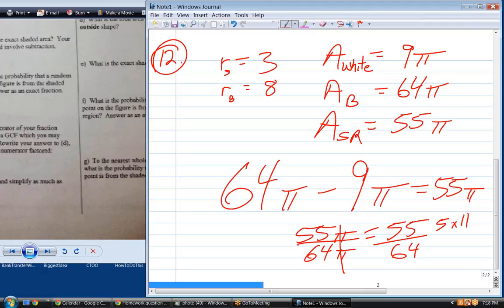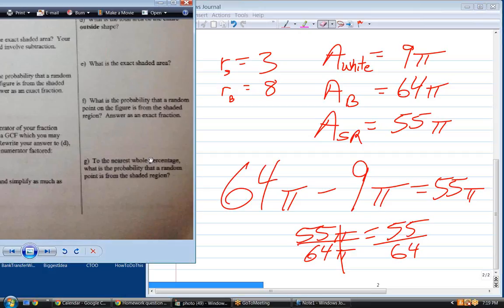Because both of those are prime, there aren't any other factors of 55. And since neither of those numbers divides into 64, that's an easy way to check whether something is simplified or not. So that's your probability: 55 over 64.